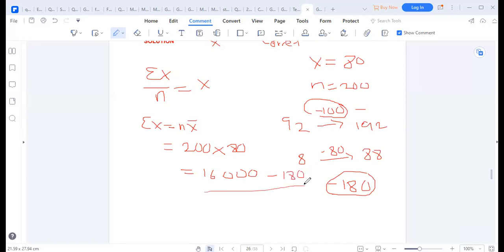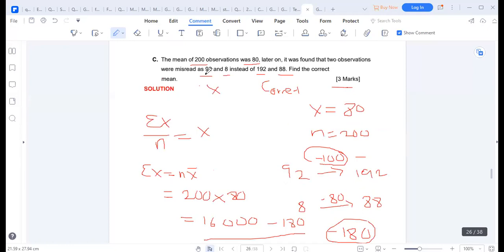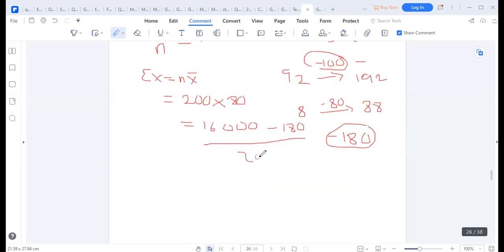Then we divide by the same number of observations, which are 200. So we get the correct mean. So our mean, therefore, will be 16,000 minus what? 180. Then divided by 200.